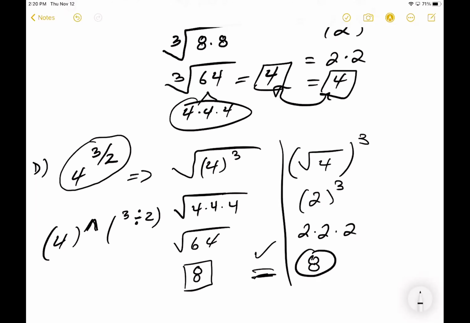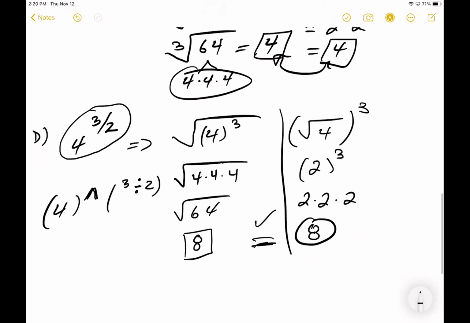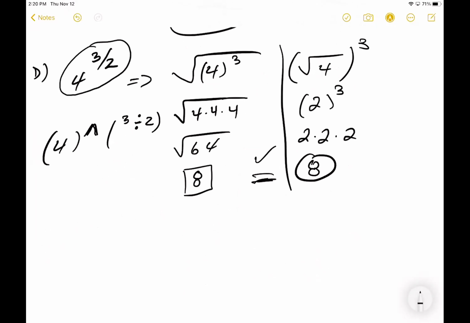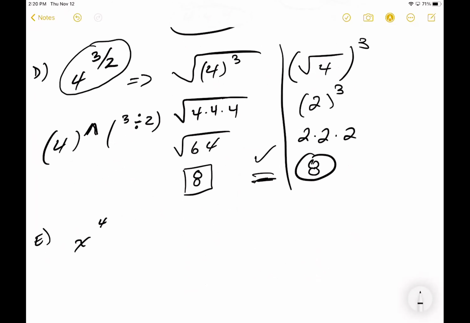If they ask you for radical form, and you cannot simplify, then your radical form will be that item. Okay, and again, if we have something like x to the 4 over 7, there's nothing to simplify for this thing here.